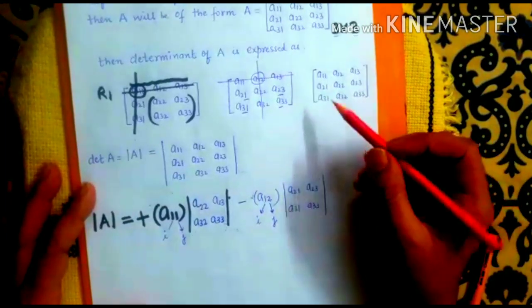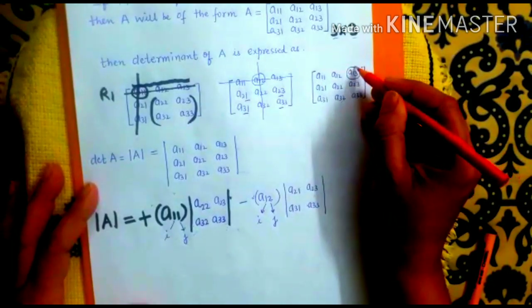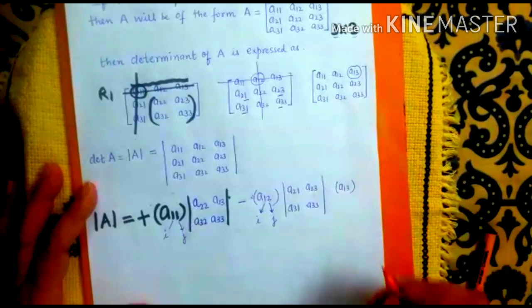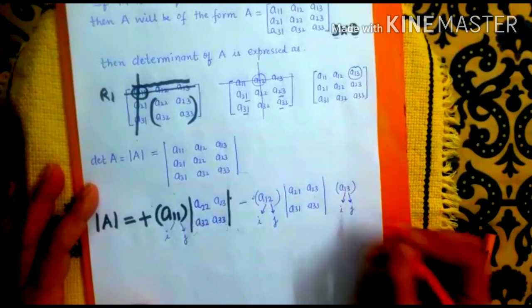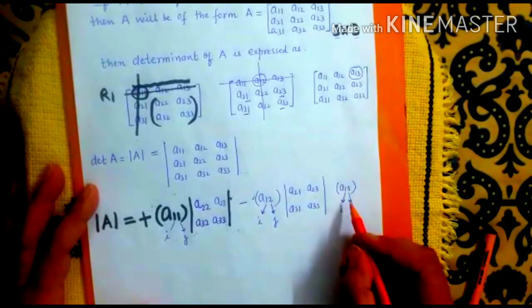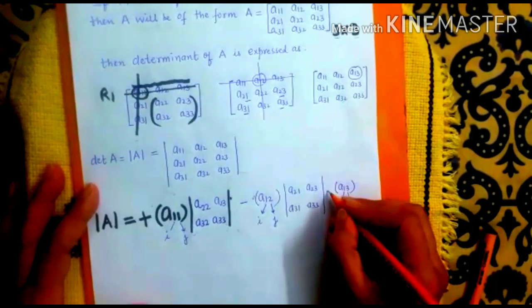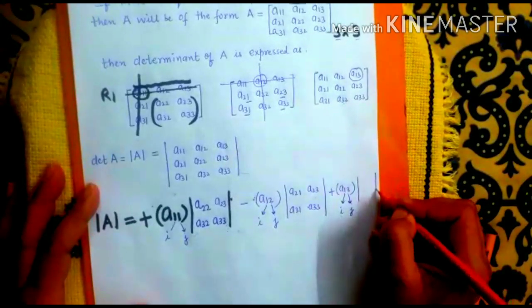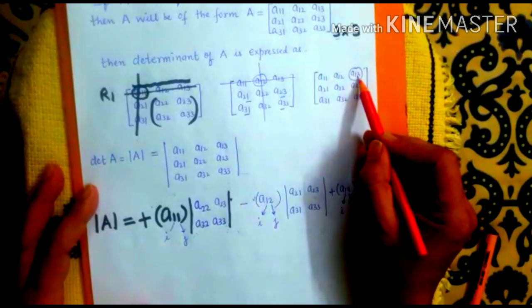Now take the third element of the first row, which is A13. So I write here A13. Now here this is i, this is j. So i plus j, that is 1 plus 3, will give you 4, which is even. So take here a plus sign. And now delete the row and the column in which this element lies.